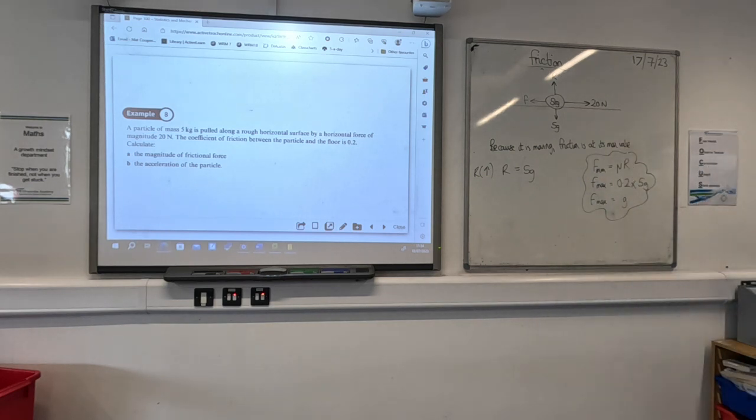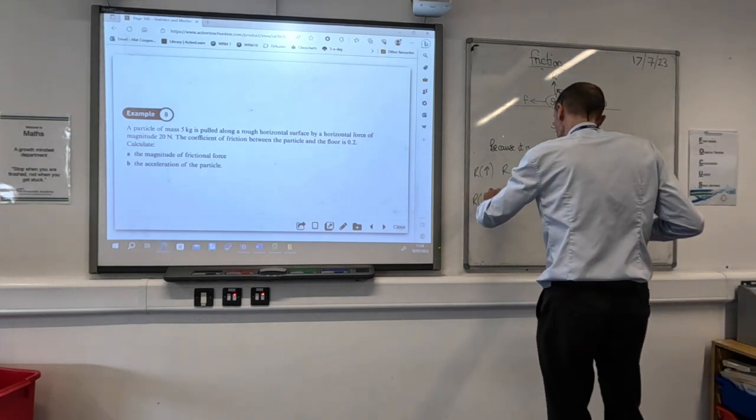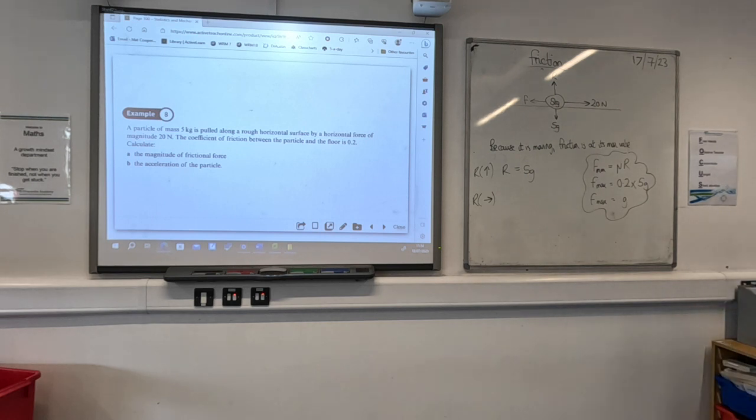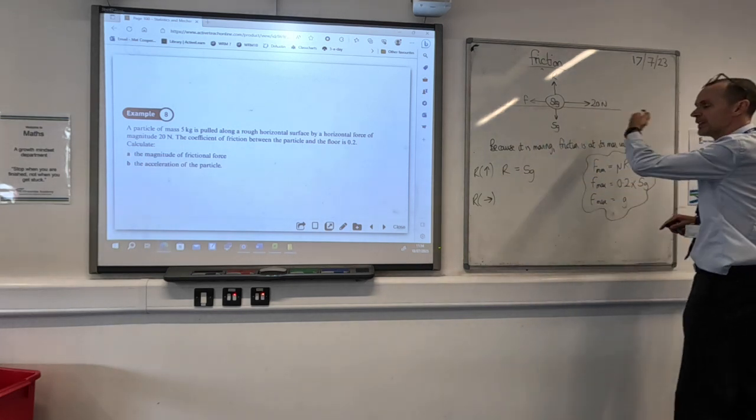Now I can do that as a separate calculation, or I can build it into my F equals ma calculation. You've got the option of doing that separately, saying because it's moving I know friction has reached its maximum value, or you can say, right, I'll do it in one go. I'm going to do it in one go now. We know it's moving, I've assumed it's moving that way.